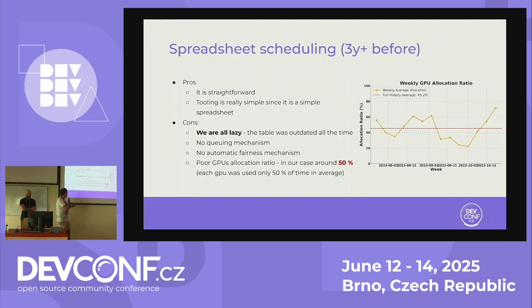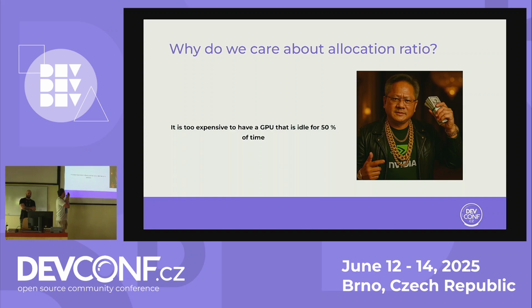And why do we take care about the allocation ratio? Actually, the reason is this guy, because he's selling us GPUs for a lot of money. For example, when we want to buy a server with modern mid-range GPUs, for example, NVIDIA 6000 ADA, it will cost you around $80,000.